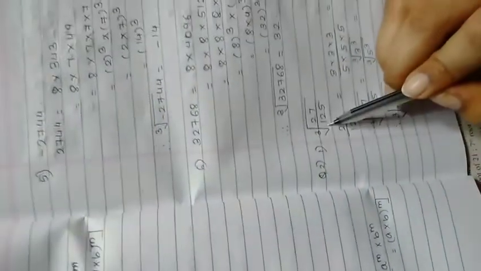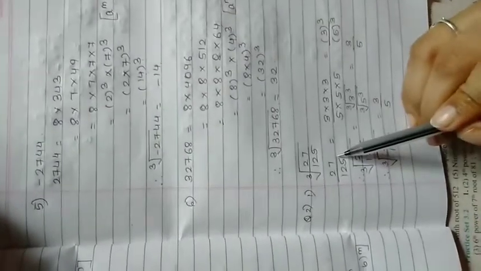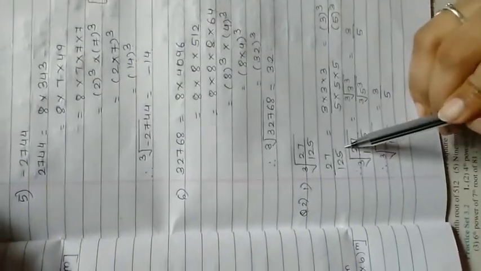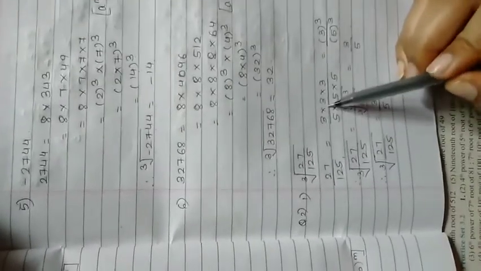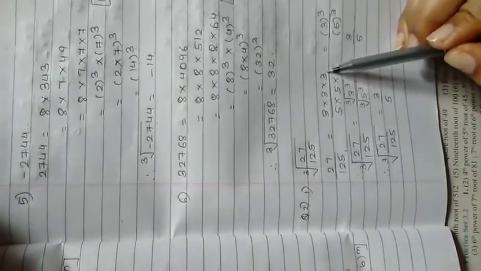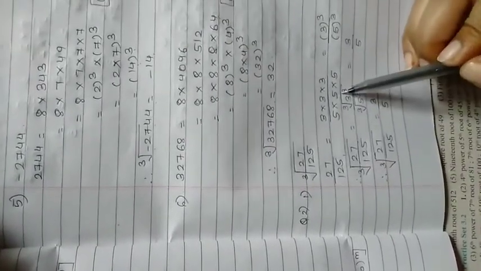Moving ahead to question number 2, that is simplify. We are given two values and we are supposed to simplify. The first one is cube root of 27 upon 125. So I am taking the numbers 27 and 125. 27 is 3 multiplied by 3 multiplied by 3, that is 27 is cube of 3 and 125 is cube of 5.